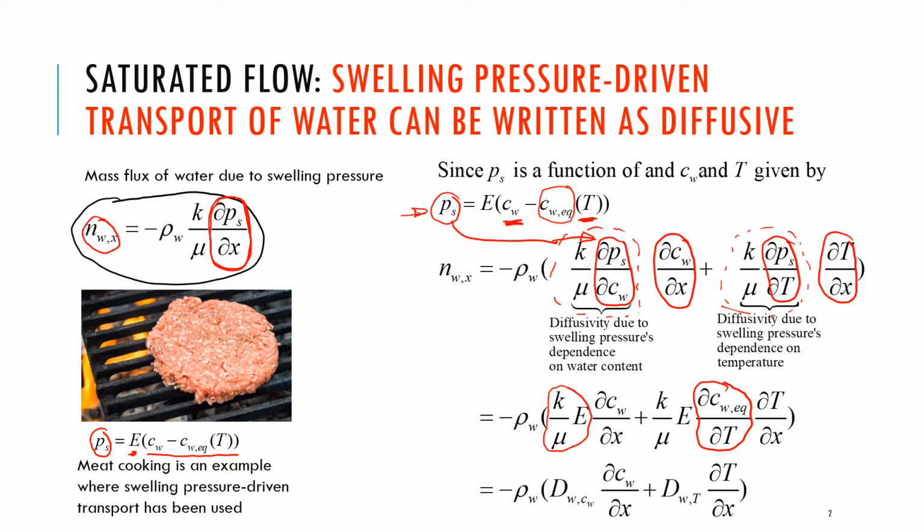Okay. So now all of these together can be thought of as some sort of diffusivity. This one is diffusivity of water due to swelling pressure's dependence on water content, and this one is due to swelling pressure's dependence on temperature.